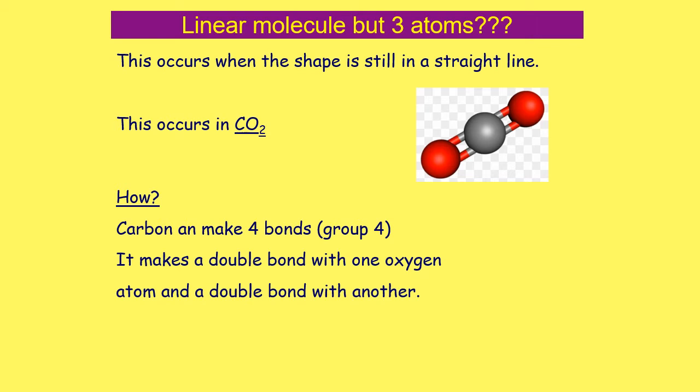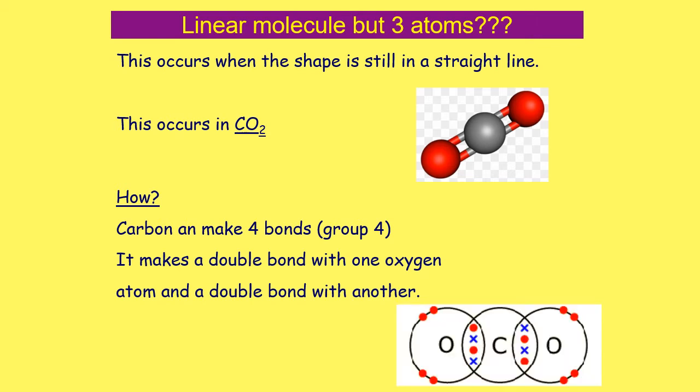It gets 2 electrons from 1 oxygen by forming a double covalent bond, and it gets the other 2 electrons by forming a second double bond with a different oxygen atom. Each oxygen has 6 electrons in its outer shell, and so needs 2. And so by sharing 2 electrons from the carbon atom, it ends up with 8 electrons.